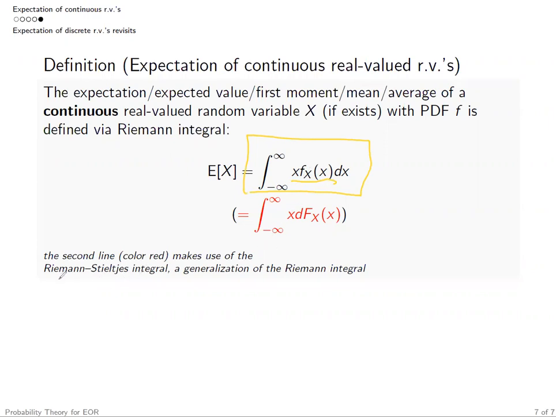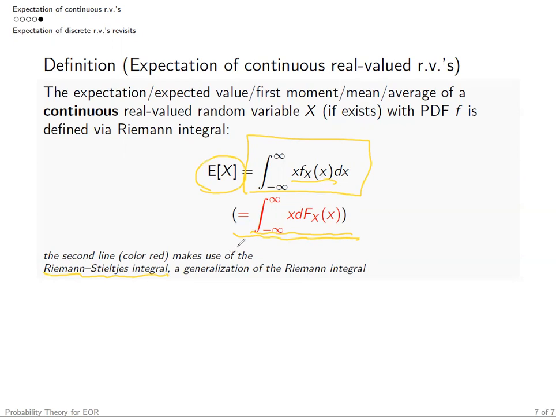Well, if we use a generalization of the Riemann-Stieltjes integral, we can also rewrite this via the CDF function. It requires some additional knowledge about integral theory. We are not discussing it in this video, but I still leave it there because now we have two different ways of defining the expectation of a continuous real-valued random variable.